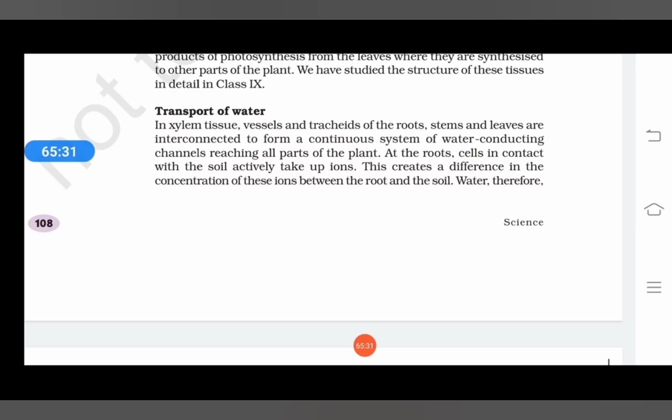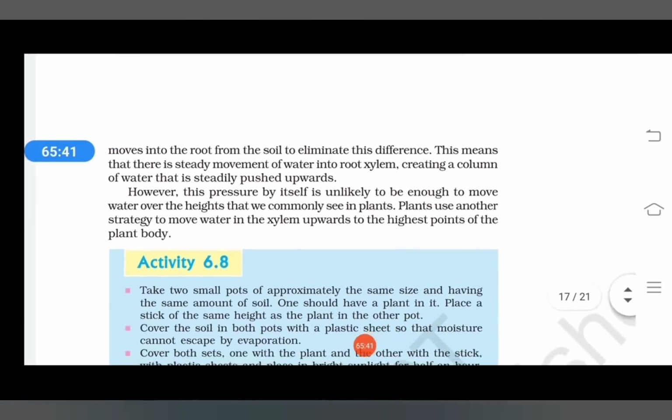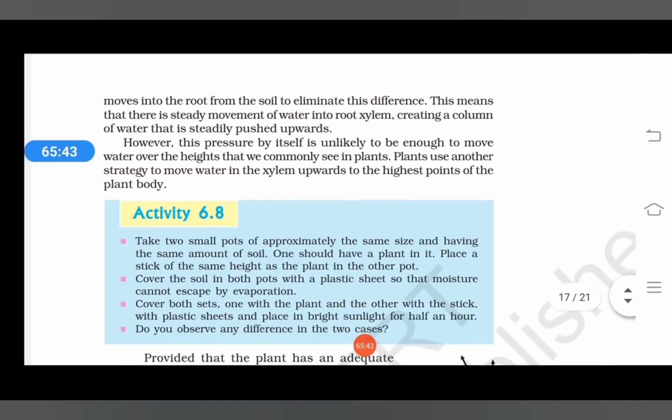This creates a difference in the concentration of these ions between the root and the soil. Water therefore moves into the root from the soil to eliminate this difference. It means there is a steady movement of water into root xylem, creating a column of water that is steadily pushing upwards.